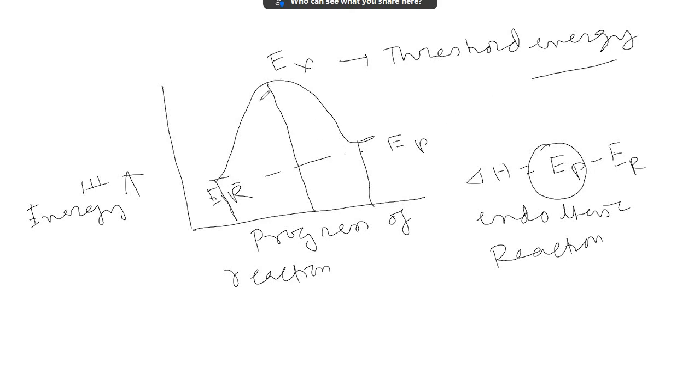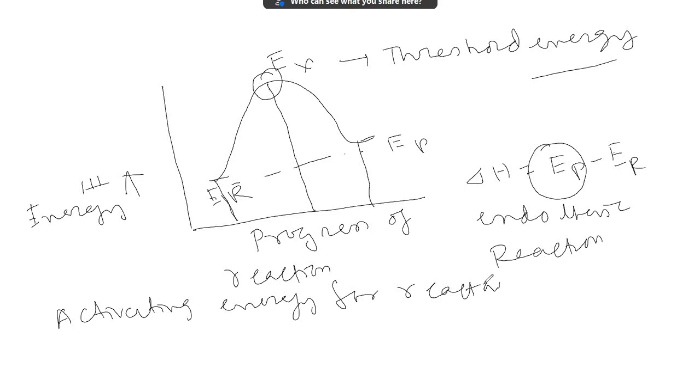So the energy required for the reactant molecule to give product: the reactant molecule has to acquire this energy to get into product. So the activation energy for the reactant is equal to EX minus ER.